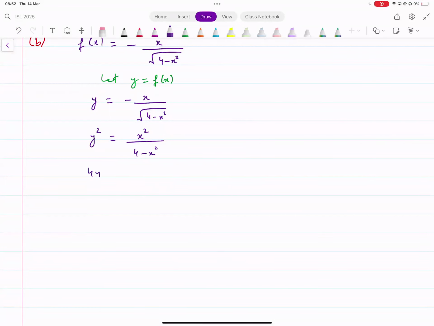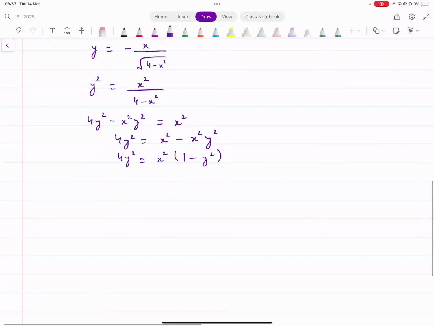अच्छा, अब नीचे डिनोमिनेटर को लेफ्ट साइड पे मल्टीप्लाई कर दें। That gives you 4y squared minus x squared y squared equals x squared। Take x terms to one side, x squared plus x squared y squared on the other side you have 4y squared। You can take x squared common now, that leaves you with 1 minus y squared in the middle। We have 4y squared here। x squared equals 1 minus y squared divided by 4y squared। यहाँ तक ठीक है?